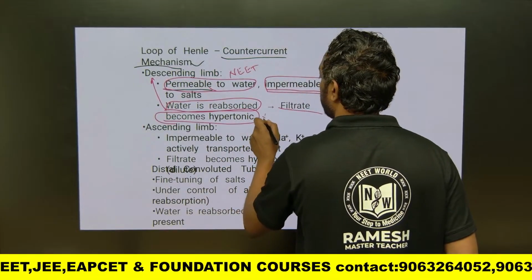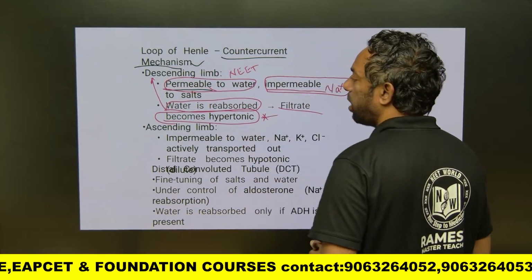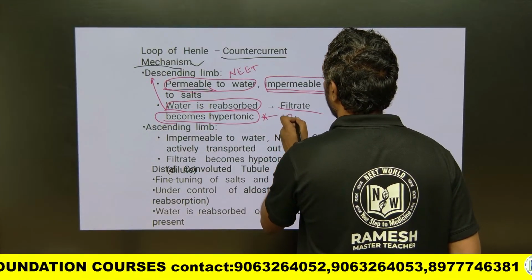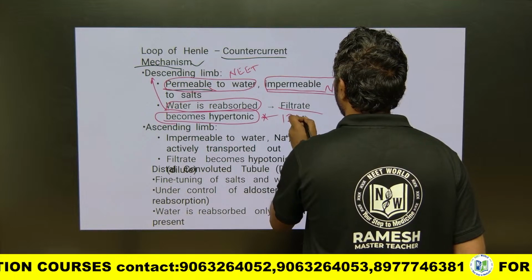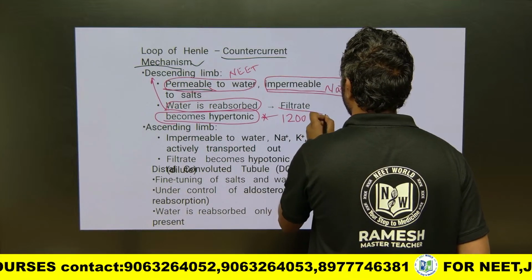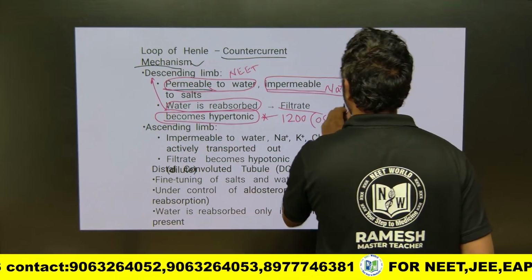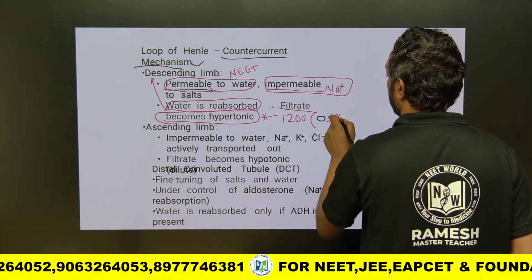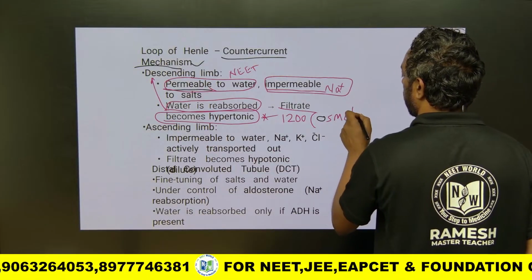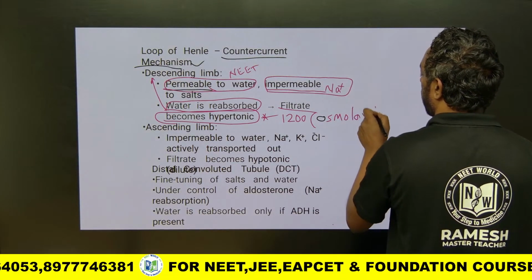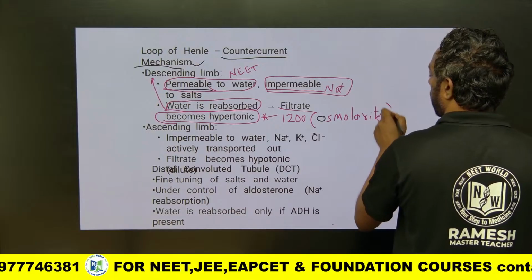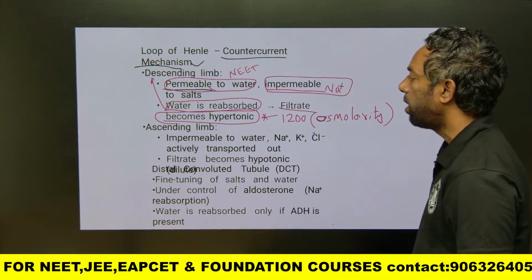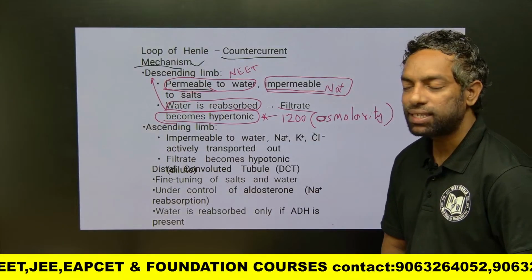This is also important. It becomes hypertonic, which is 1200 osmolarity, after the descending Henle loop.